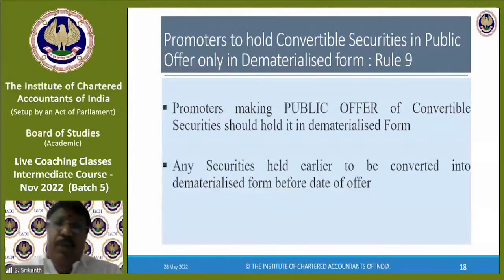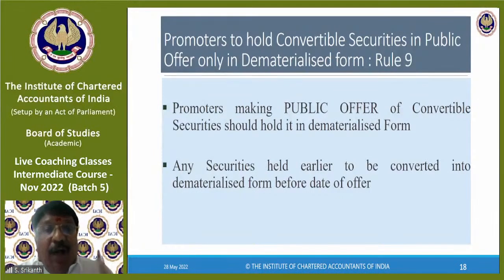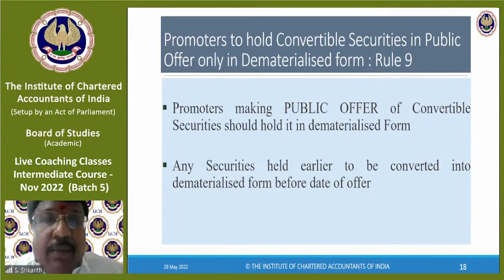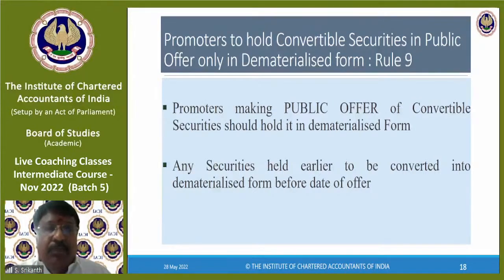Now, promoters making a public offer of convertible securities should hold them in dematerialized form. Convertible security means, suppose a debenture can be converted into shares. The debenture has an option for conversion. Later on, we'll see convertible debentures.